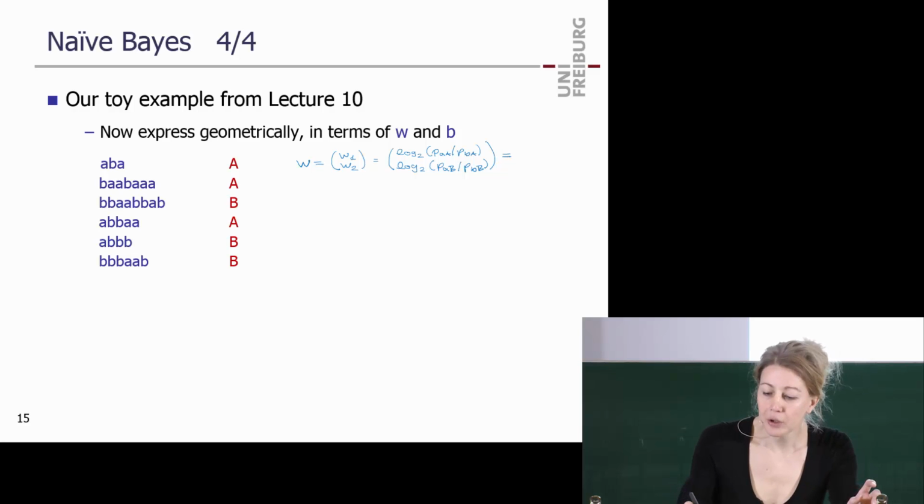And this is, well, PA, this is 2/3 over 1/3, right? I can just write it here again. This was 2/3, and this was, it's good that I only have two letters, right? Otherwise, 1/3. So that was 2/3 over 1/3.